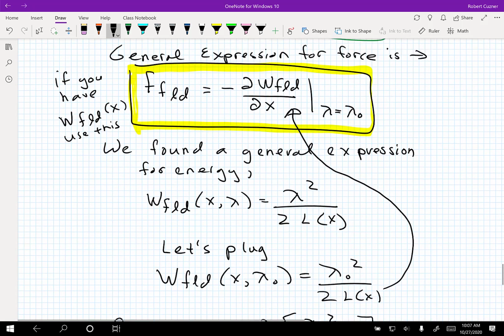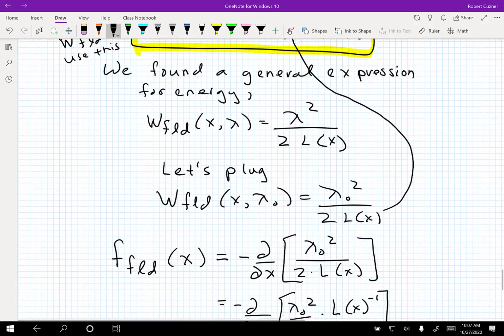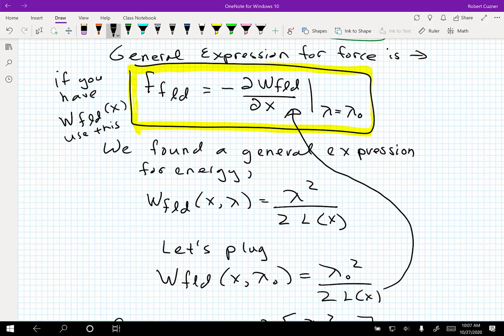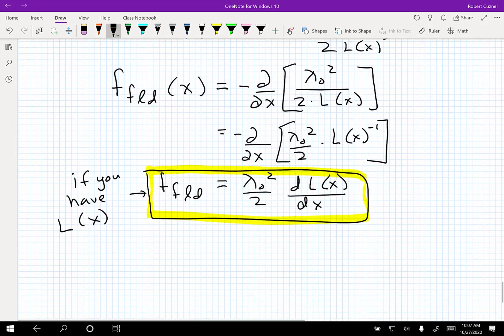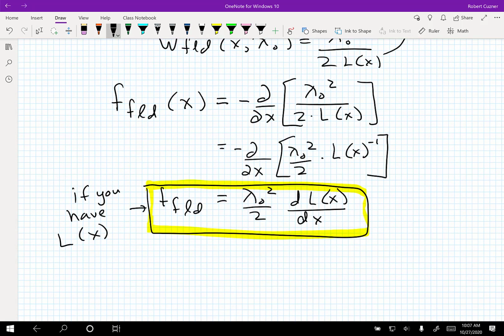You could actually always come back to this one here, but then you would have to calculate the energy. If you already had Lx, you could save yourself a page of work.